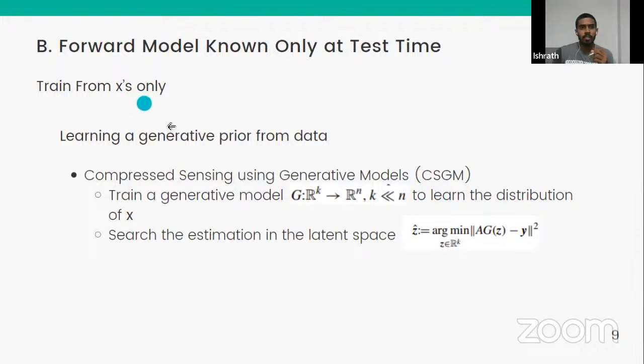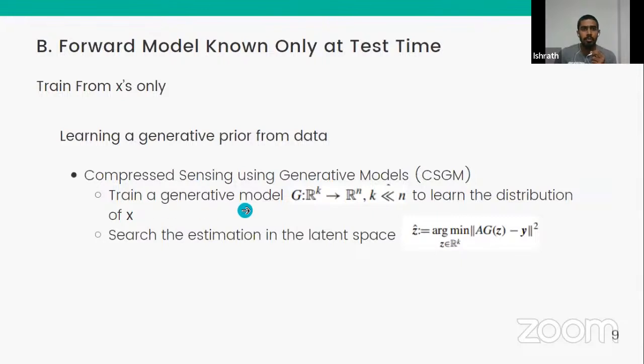Learning a generative prior means learning the statistics and the behavior of the ground truth X. There is an approach called compressed sensing using generative models, CSGM. Generative models can be used to generate or represent high dimensional data from an input given by low dimensional data.